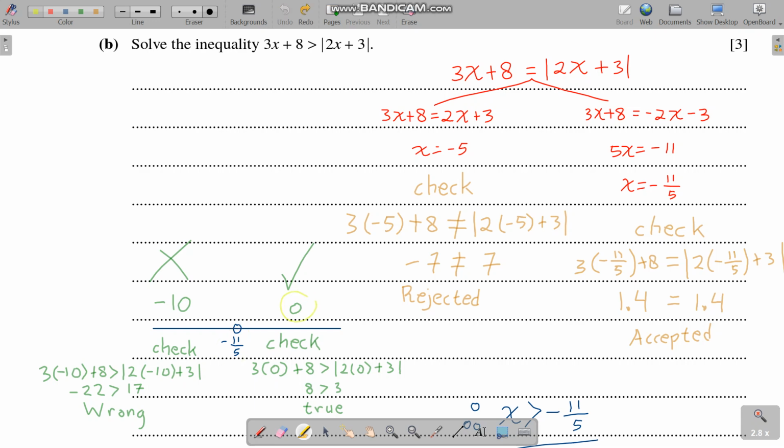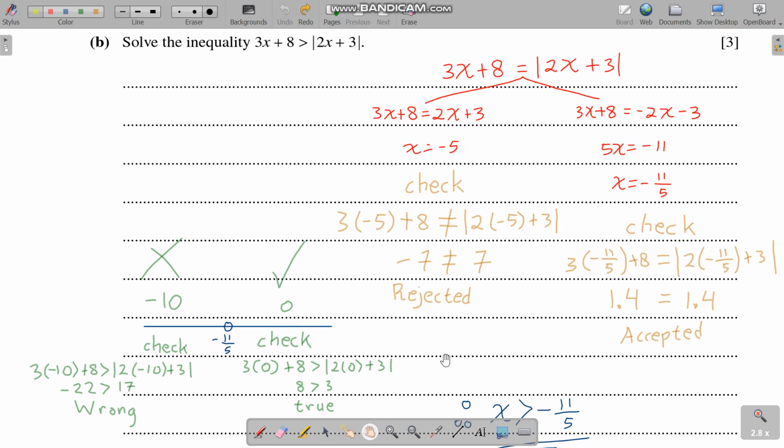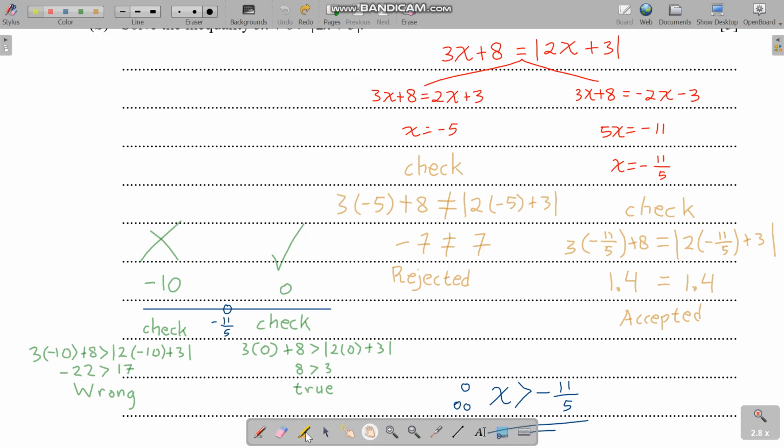For example, just use a simple 0. Again, you plug in and use your calculator. You will get 8 is greater than 3, which is right. So that means we can only use this interval on the right. So that means the final answer is x is greater than minus 11 over 5.